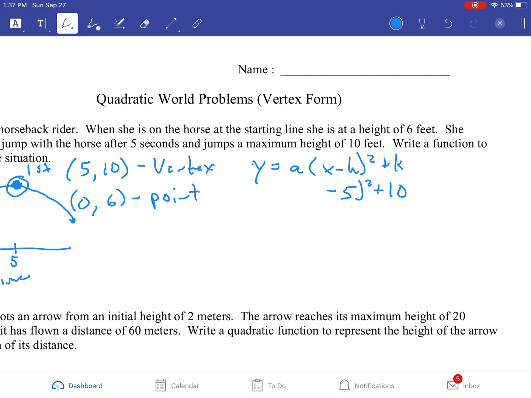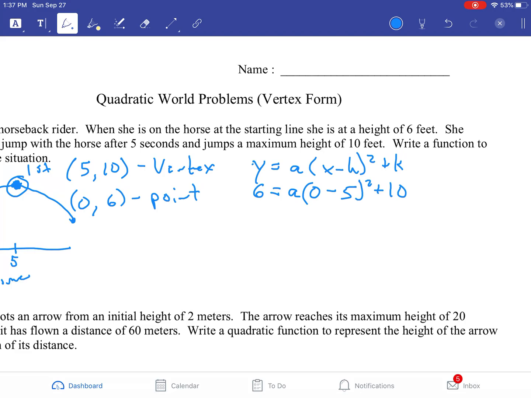All right, we take our point (0, 6), so x comma y, so 0 would go here. The a is the part we don't know, and the 6 is the y value. So now we have our equation with all the information put into there, with just the a piece missing.